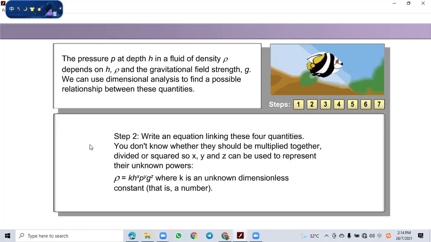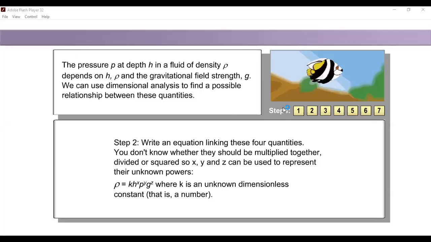Step 2, write an equation linking these four quantities. Sorry for the internet problem just now. You don't know whether they should be multiplied together, divided, or squared, so x, y, and z can be used to represent their unknown powers.